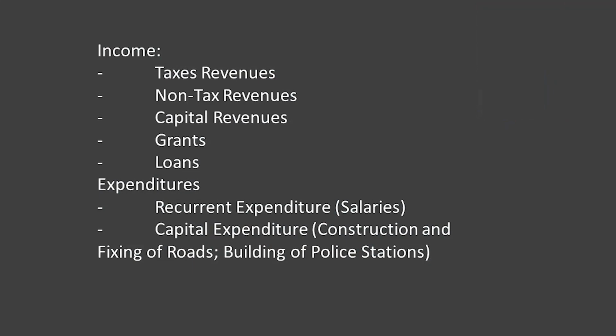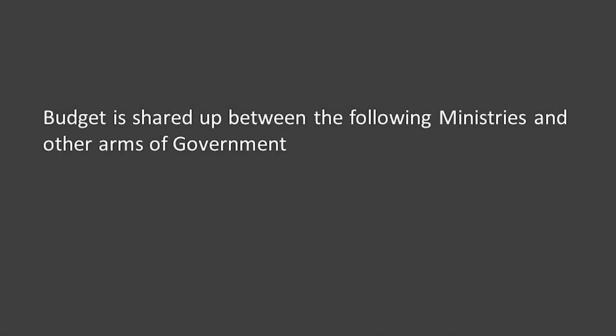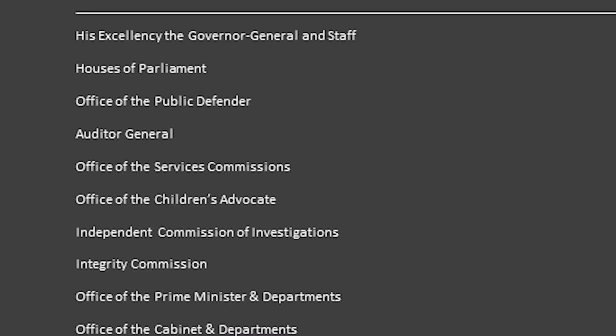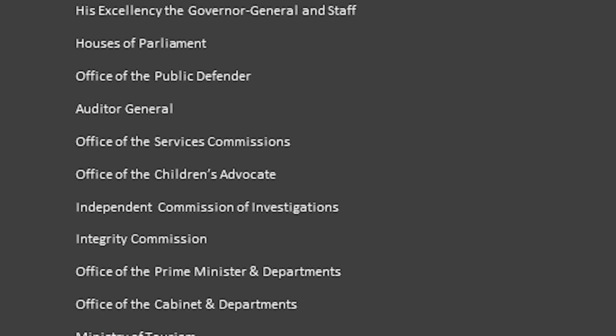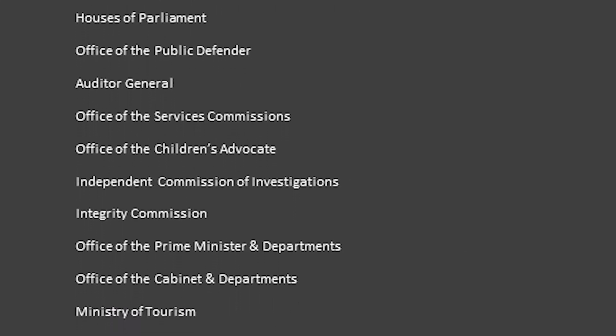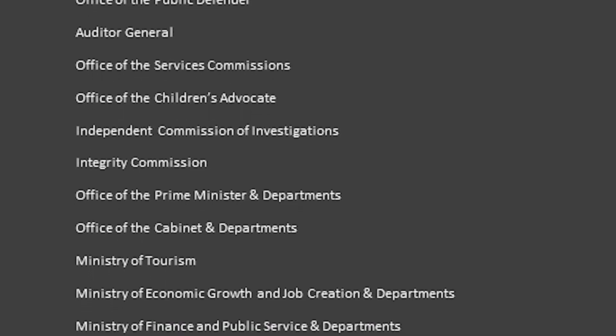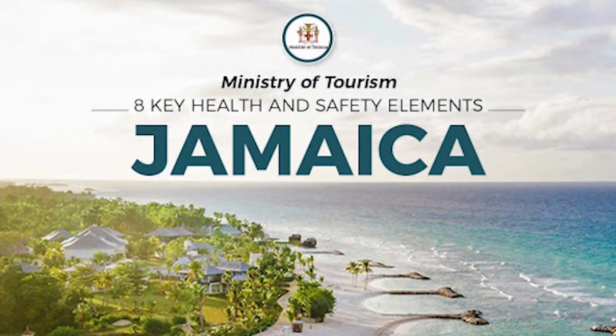Now, the budget is shared among the following ministries and other arms of government. It's quite a lengthy list, so we'll just pick out a few for the purpose of this presentation. You'll see the list, but I'll just mention a few. The Governor General, House of Parliament, right? The Office of the Prime Minister, these departments, Ministry of Tourism, right?